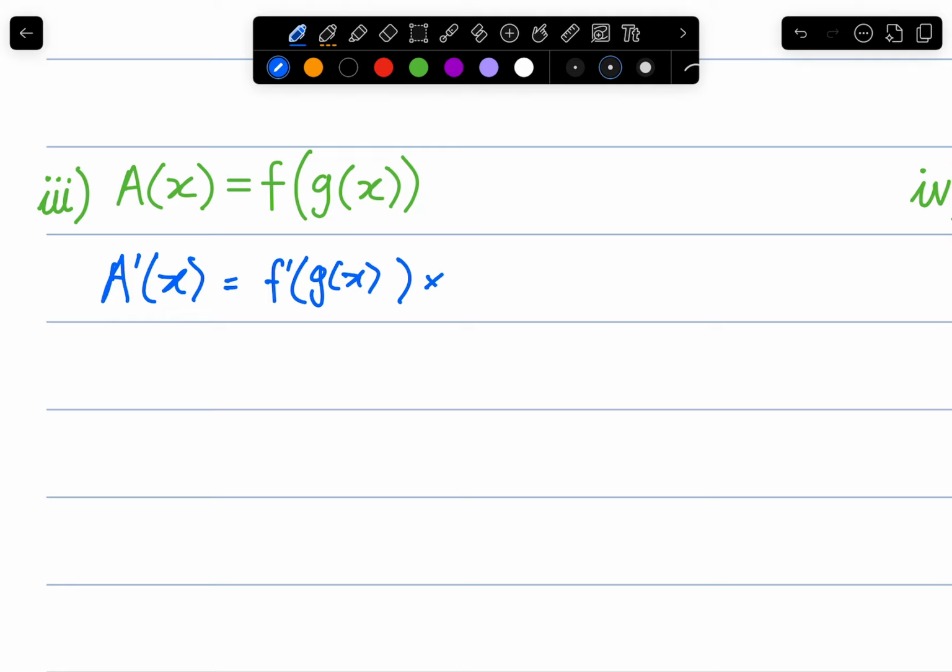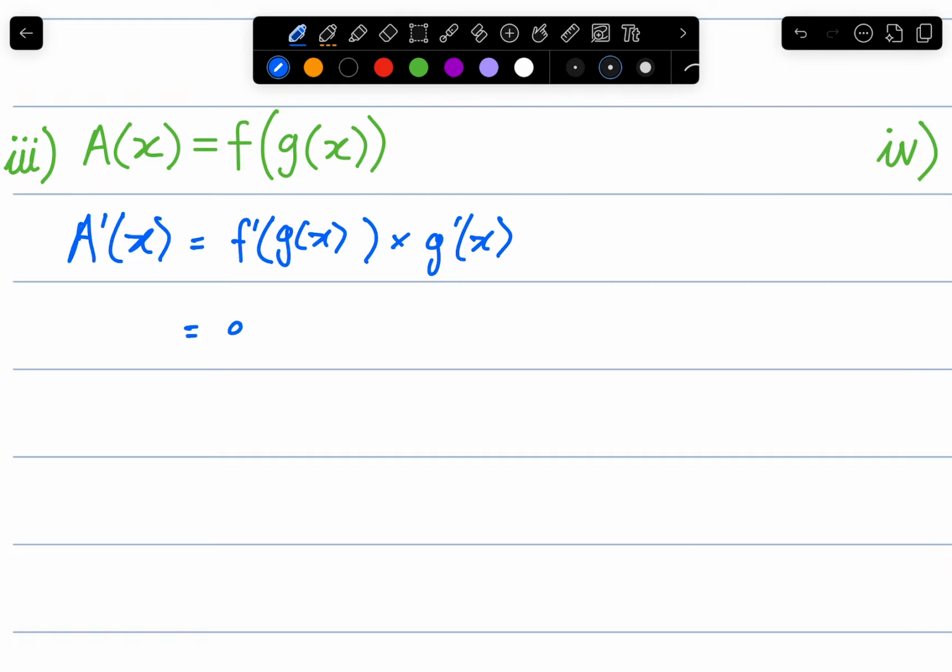But we still need to multiply by the derivative of the inside function. The inside function here is g, so its derivative is g prime of x. So simplified, this becomes g prime of x times f prime of g of x, and that is our chain rule with the expression f of g of x.